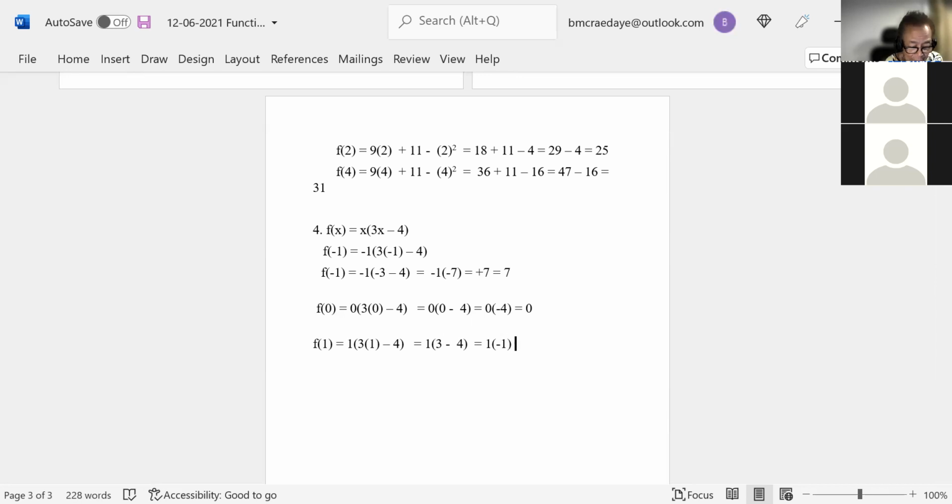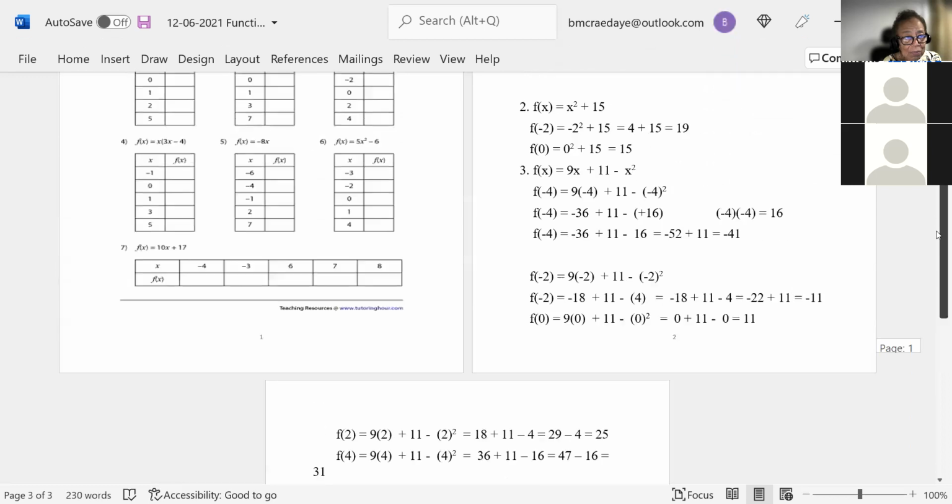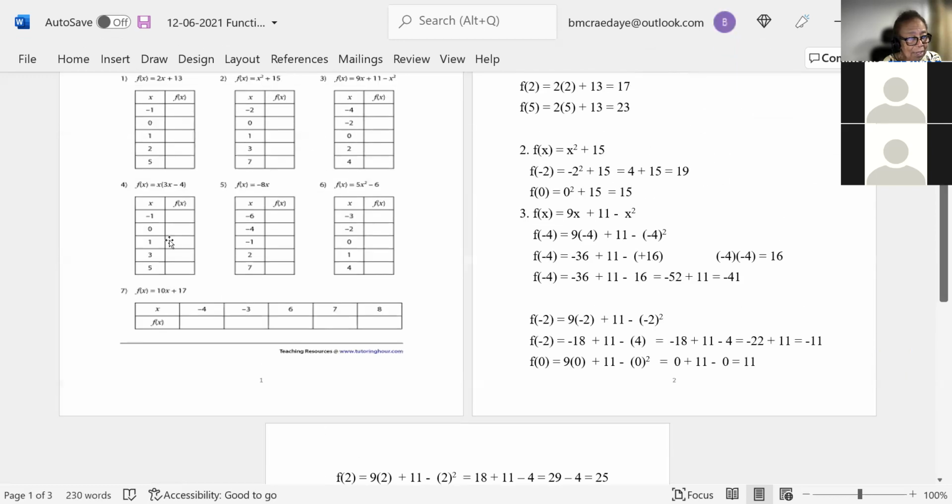And what's 1 times a -1, Chastity? -1. That's it. Very good. Like unlike signs multiply to give you negative. So f of 1 would be -1. So you put in the table -1, right here.